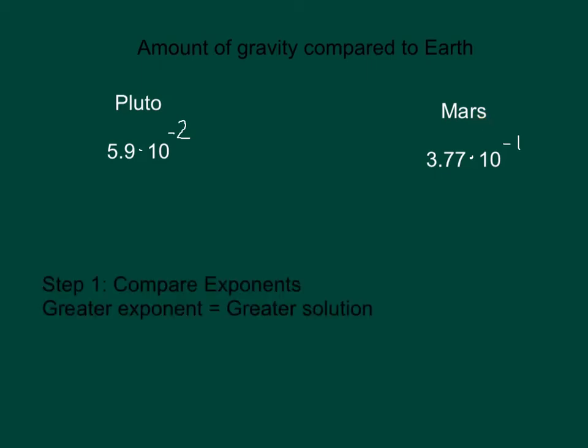The first step is to compare the exponents. We learned that the greater exponent means the greater solution. So let's compare our exponents, -2 and -1. Which is the greater? To double check, what I'm going to do is draw a number line for myself.